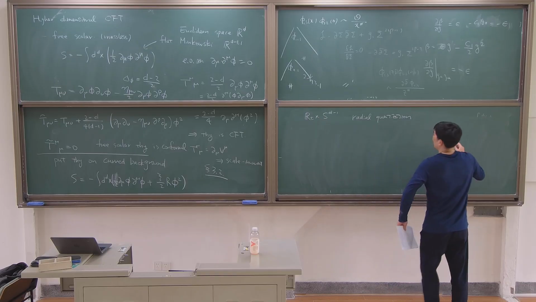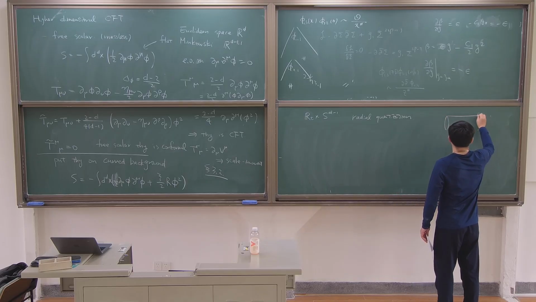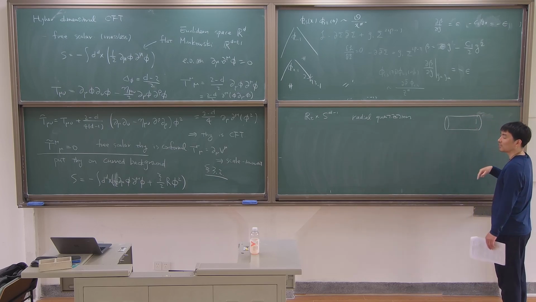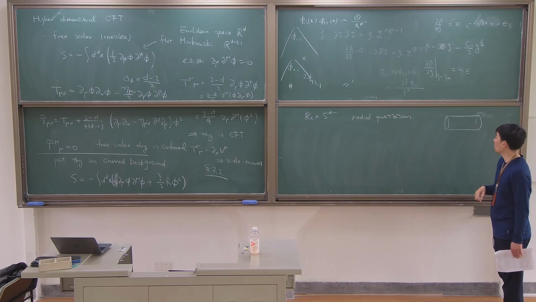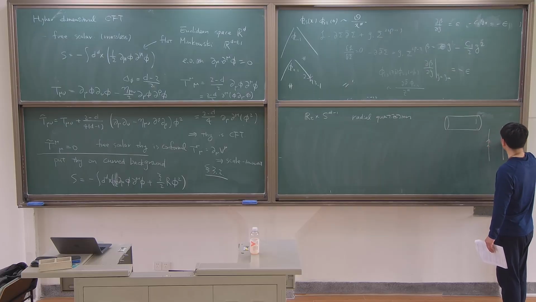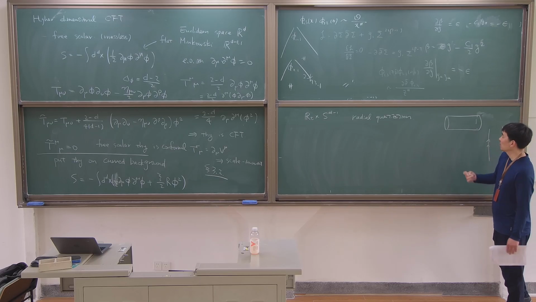In the case of 2 dimensions it's very special: you can use the cylinder for radial quantization, and the cylinder just identifies the left edge and right edge of a strip. So there's no curvature in 2 dimensions: R cross S^1, and S^1 does not have a curvature.